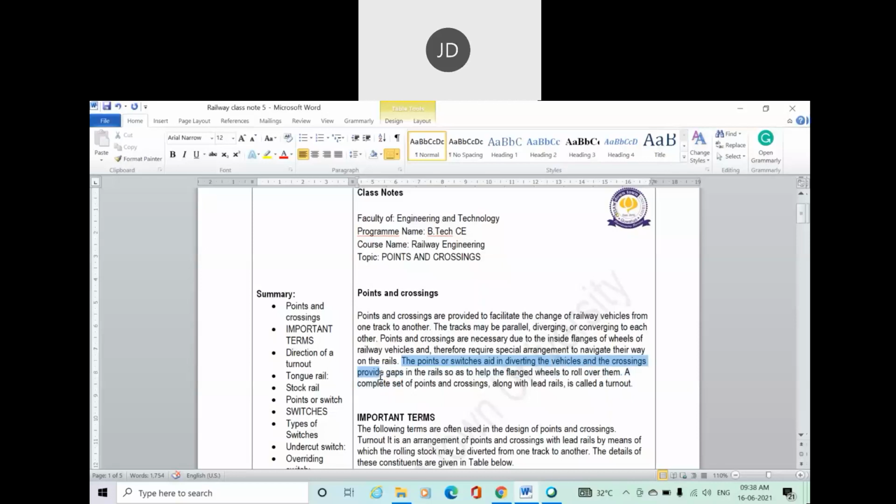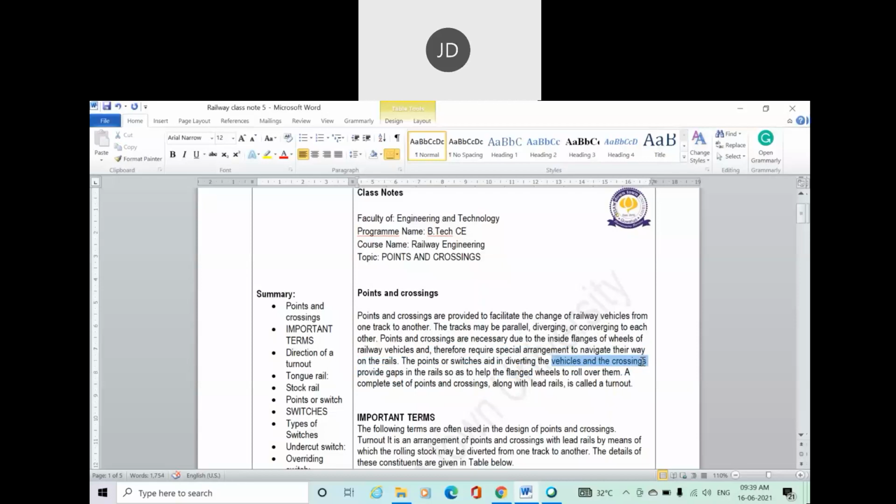And the crossing provides gaps in the rail so as to help the flank wheel to roll over them. Basically, point or switch directs the train to choose a direction, and the train crosses over against another track in a particular section which is known as crossing.